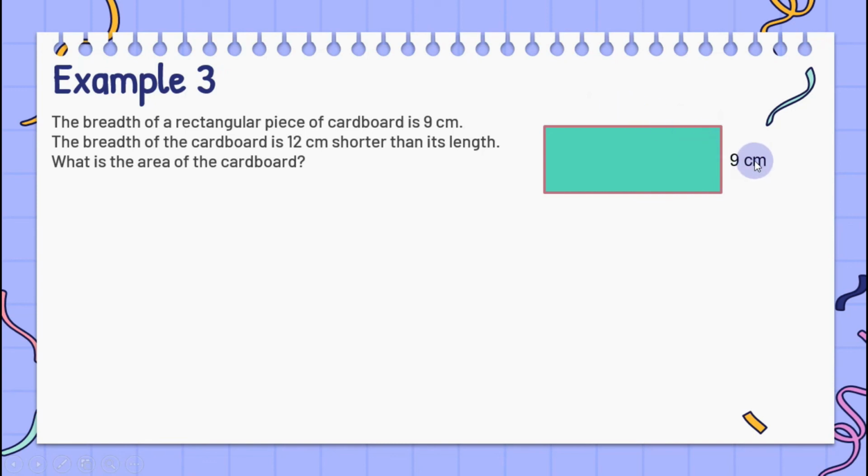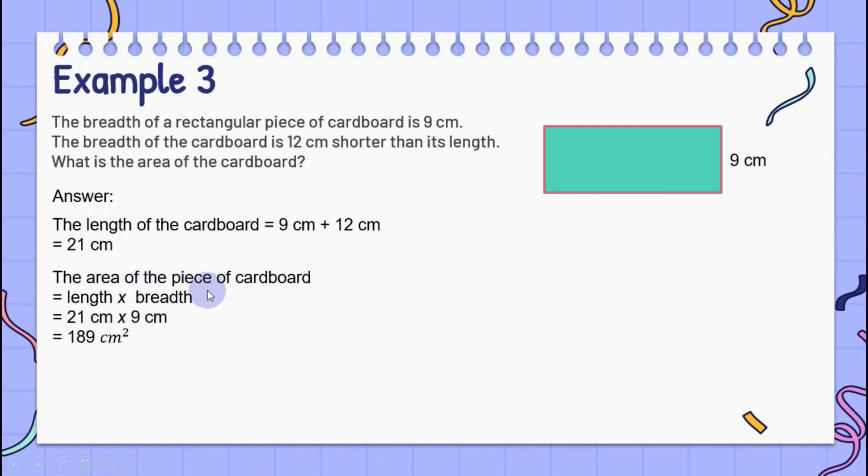The breadth is 12 shorter, it means length is 9 plus 12 equals 21 centimeter. After we found the length, now we can find the area. The area is length times breadth. 21 times 9 equals 189.